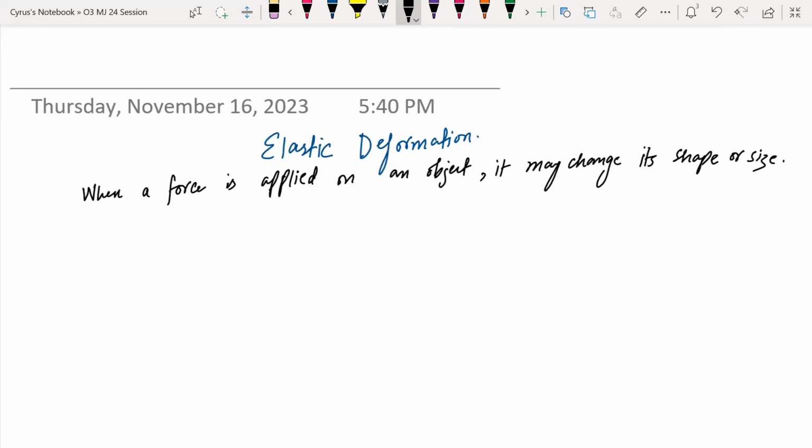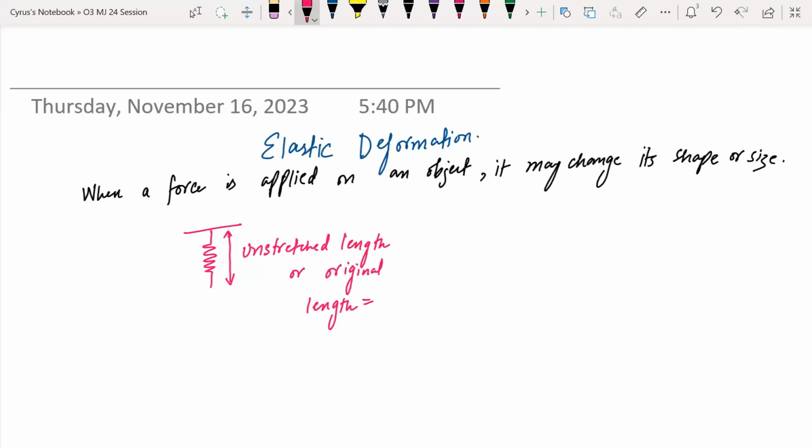So if you have an unstretched spring, like this, this is an unstretched spring. It does not have any load attached to it. I call this the unstretched length or original length of the spring. I call this 5.0 centimeters, right?